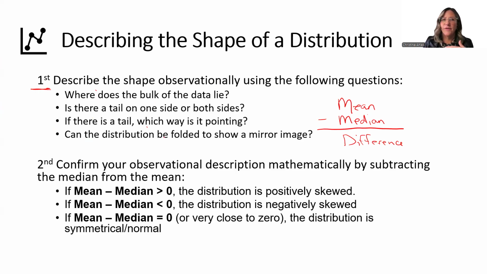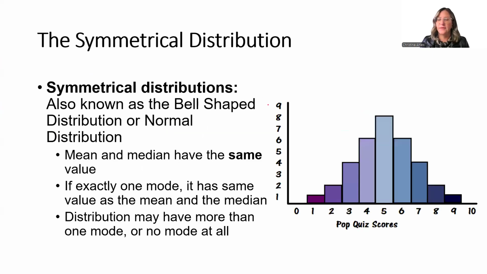If it can be folded to show a mirror image, that's a symmetrical distribution. And so which way the tail is pointing and where the bulk of the data is going to tell you those distribution shapes as well. So let's look at this in a different manner. Here's what a symmetrical distribution looks like.